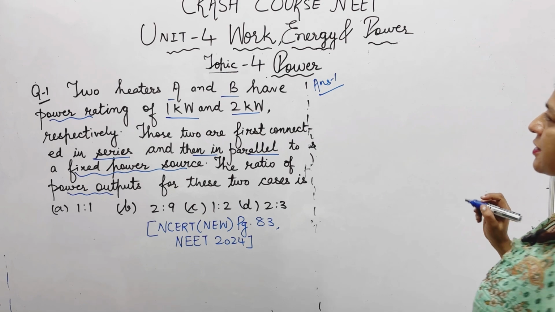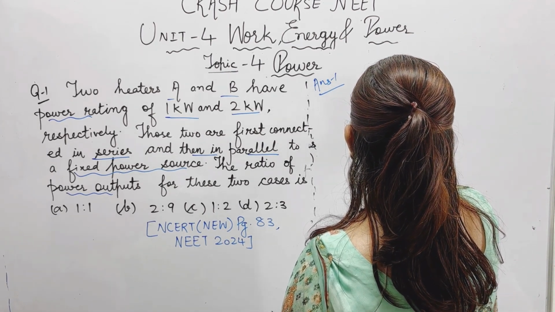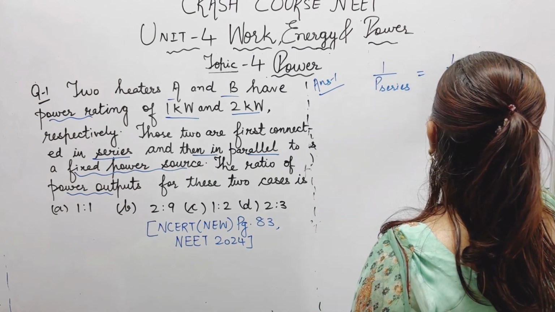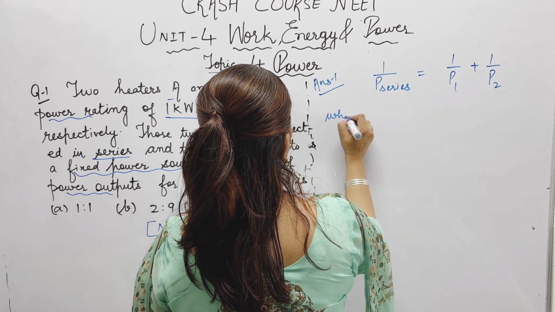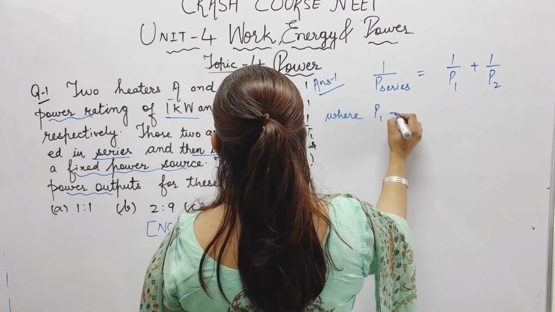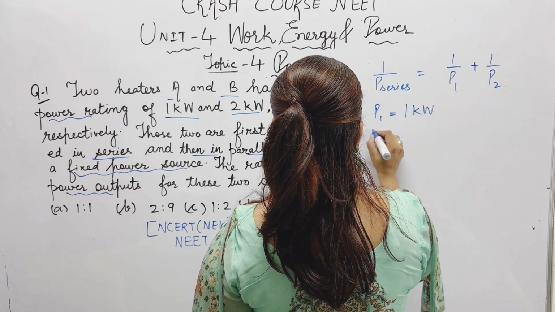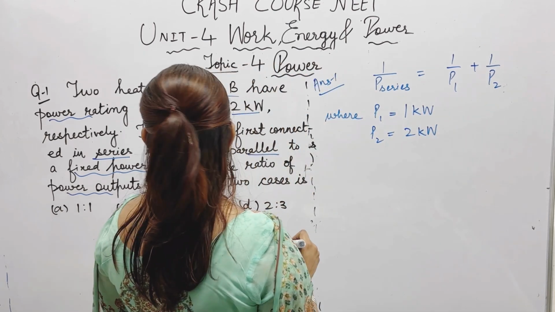So let us first write down the formulas for the power when two of the components are connected in series. The power in series is given by this relation, where P1 is equal to 1 kilowatt and P2 is 2 kilowatt.